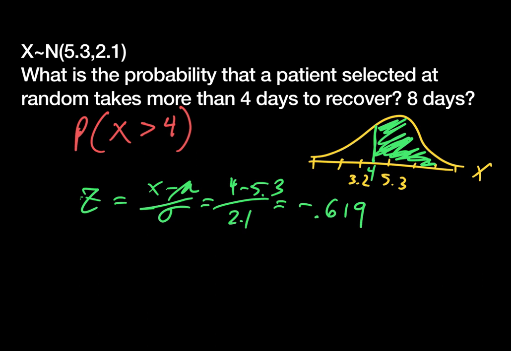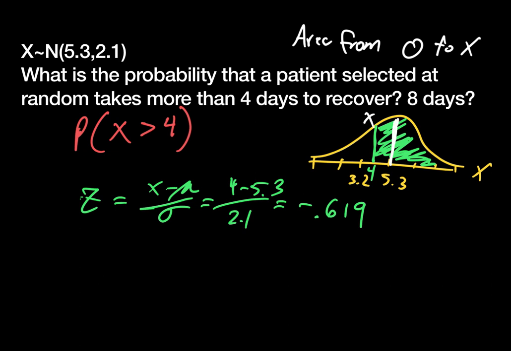Now, if you're using one of the tables, it all depends on what table you're using. In our textbook, the table gives you the area from 0 to x. So what that means is in this picture, 0 is the middle, that's my mean.